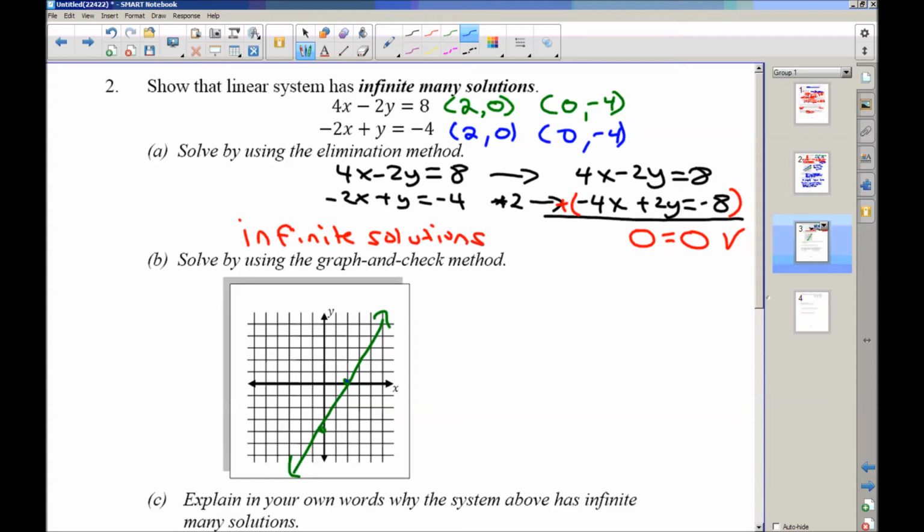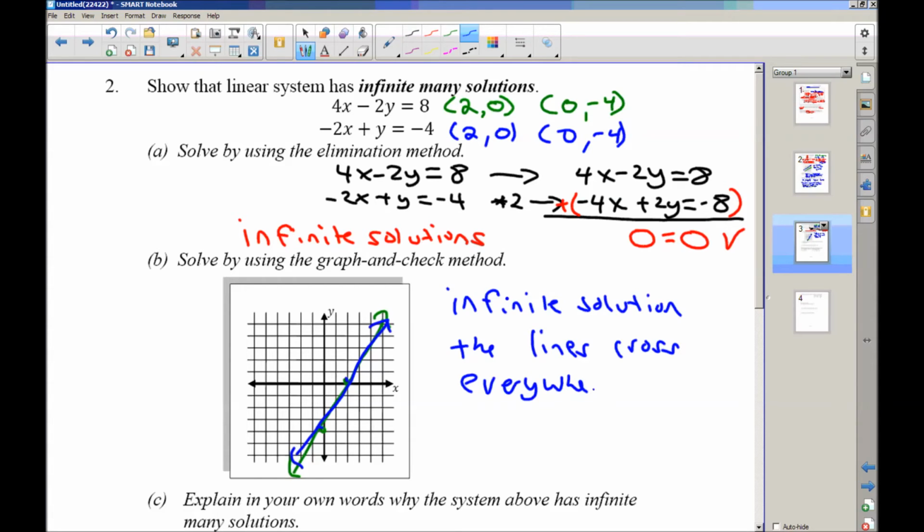And look, lo and behold, they have the same x and y intercepts, so the lines are right on top of each other. So this is going to be infinite solutions. The lines cross everywhere. Okay, so remember this is a consistent dependent system.